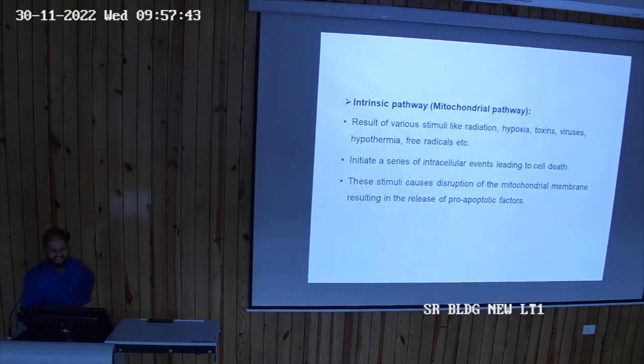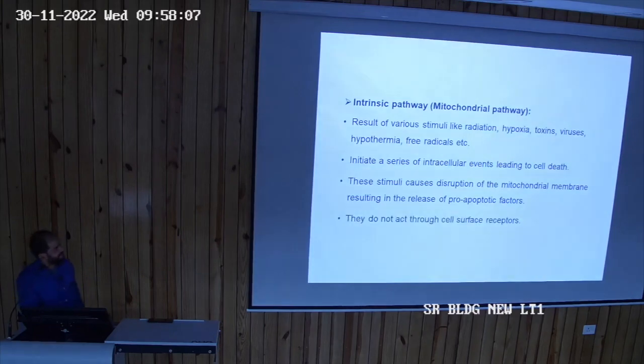So the intrinsic pathway, that is the mitochondrial pathway, is the result of, as we have discussed, various stimuli like radiation, hypoxia, toxins, hypothermia. It initiates a series of intracellular events leading to cell death. है ना, इसमें ज्यादा डिटेल में नहीं लिखा है, डायग्राम में it was much more clear.